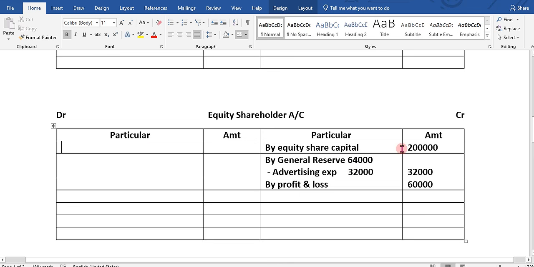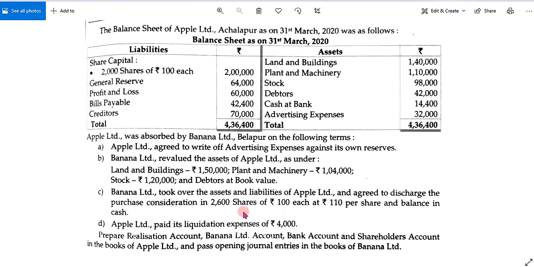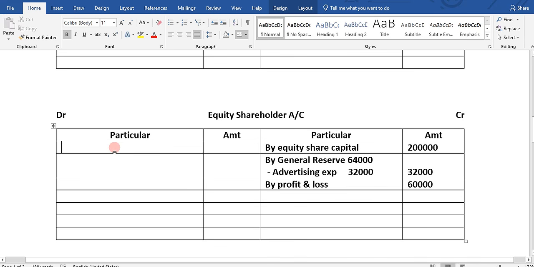This 2 lakh rupees of share capital was of 2,000 shares, but the discharge of PC was done at 2,600 shares at rupees 110. So this entry will come in the equity share account debit side.